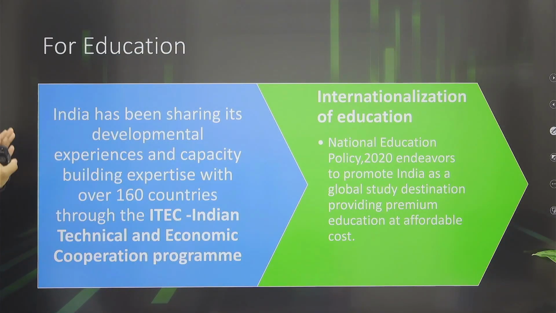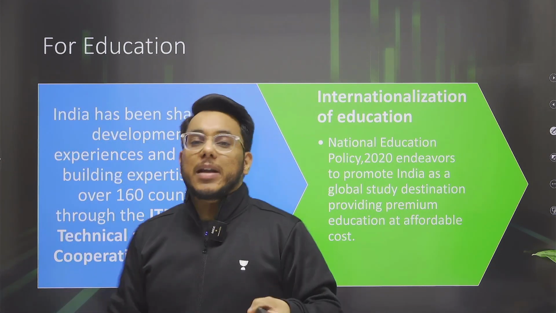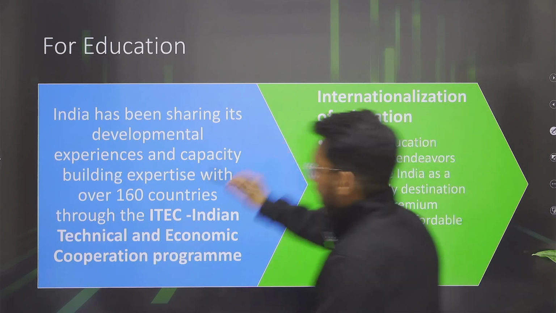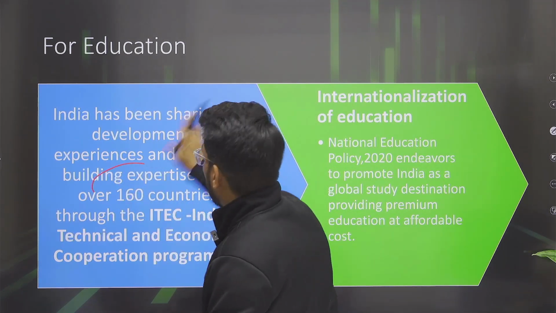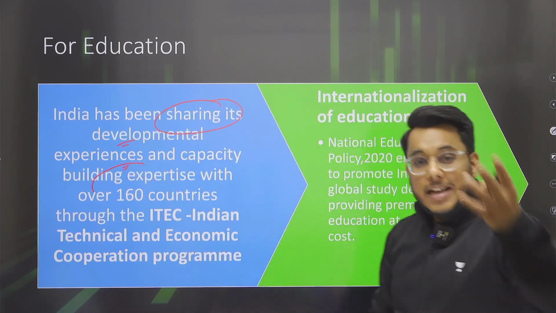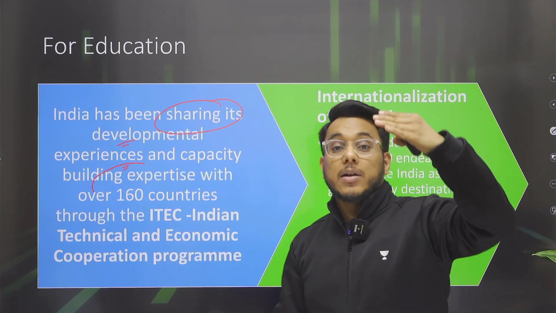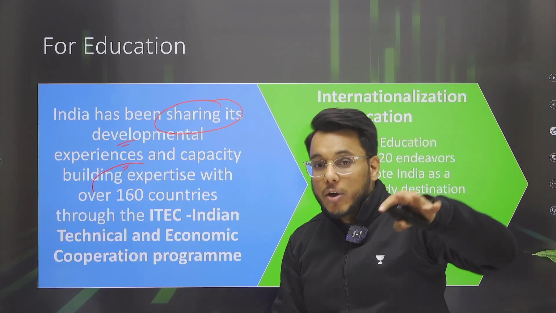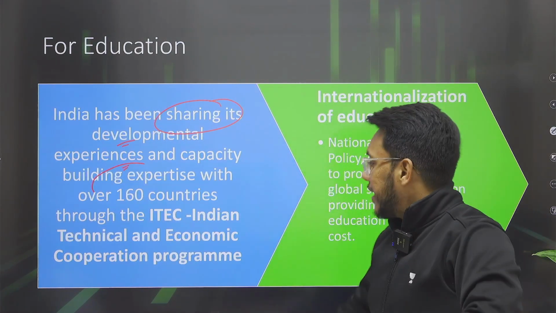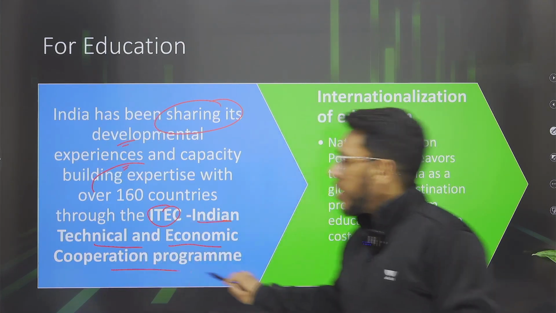Then on the education front also, India can provide many opportunities and much assistance. India is sharing its developmental experience and ensuring capacity building on the technological and educational fronts, and for that India has already taken up ITEC, the India Technical and Economic Cooperation Programme.